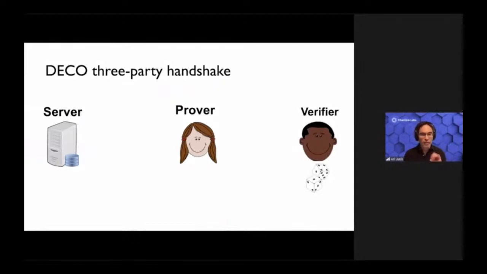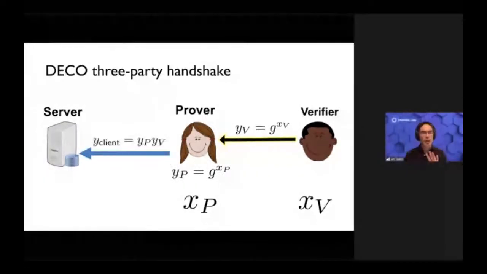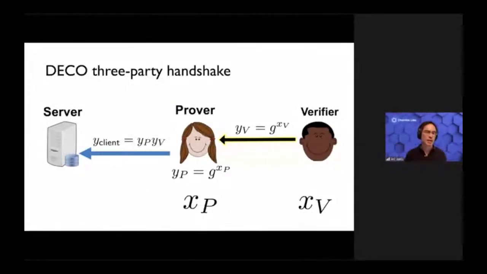The verifier first generates his own private key, X sub V, at random, computes the public key, and sends that corresponding public key to the prover. The prover then generates her own private key, X sub P, and computes the corresponding public key, Y sub P. And what she sends to the server is the product of her public key and the verifier's public key.